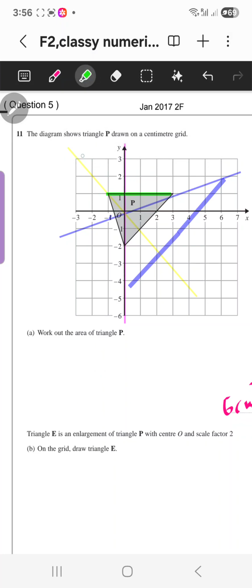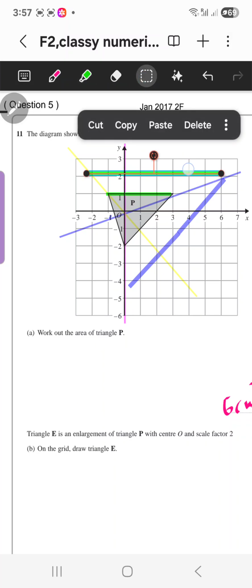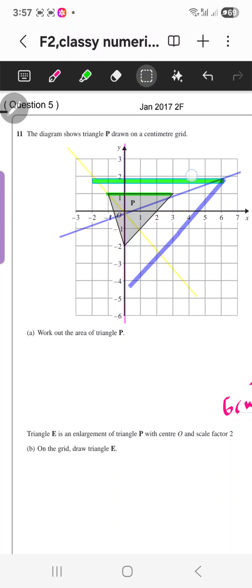Here we have to move 1, 2, 3, 4, 5, 6, 7, 8. Yes, exactly here. So this green line will be enlarged like this. If we count the space here, it must be 8 squares, and this must be in between the yellow and the purple line.